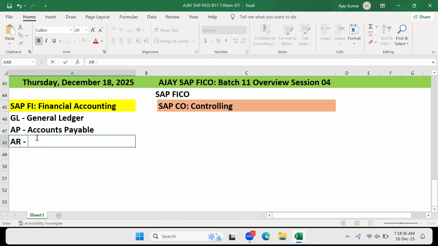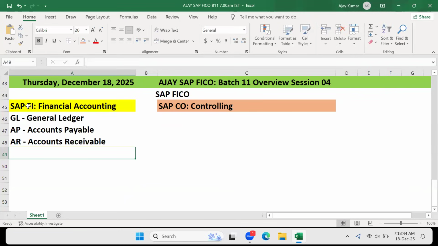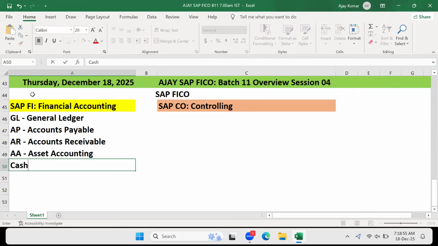AR is accounts receivable, and then AA, which is asset accounting, and then you will be having cash and bank accounting.